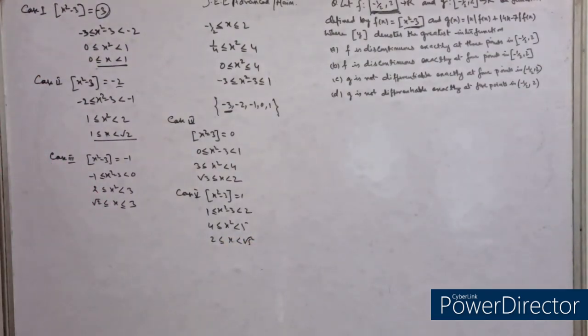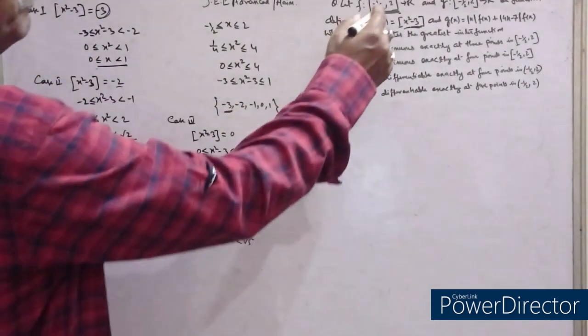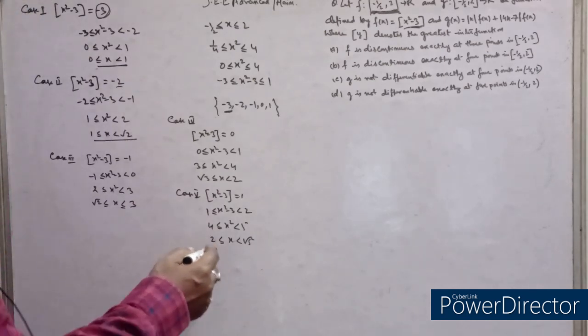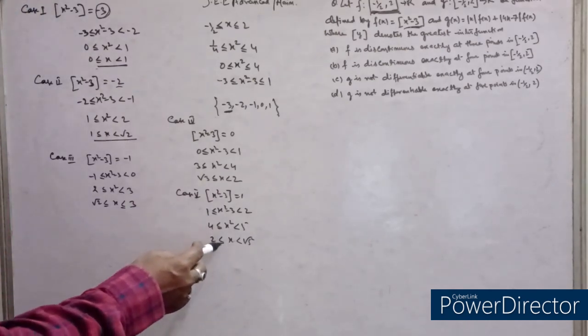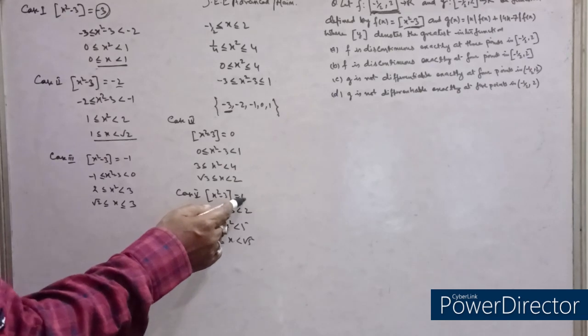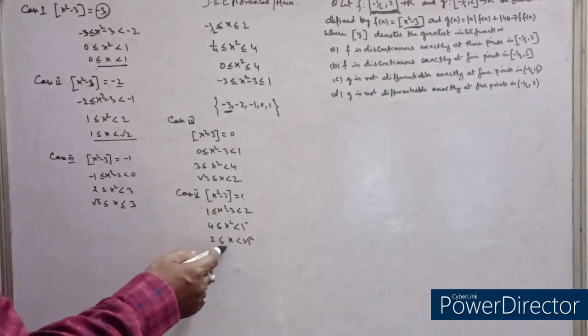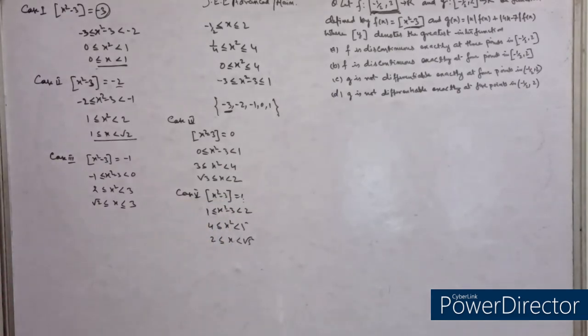Our limit is up to 2, so for x equal to 2, your answer will be 1.